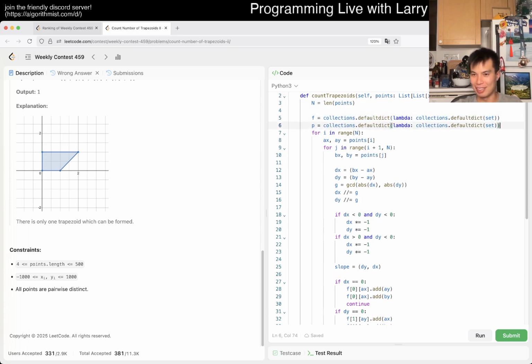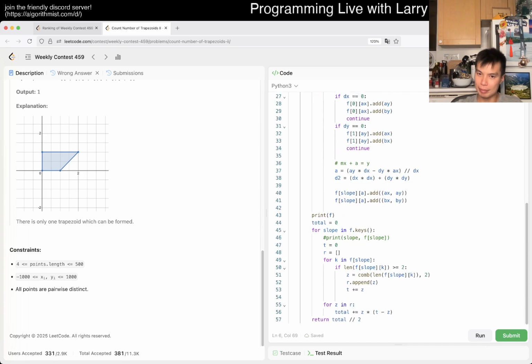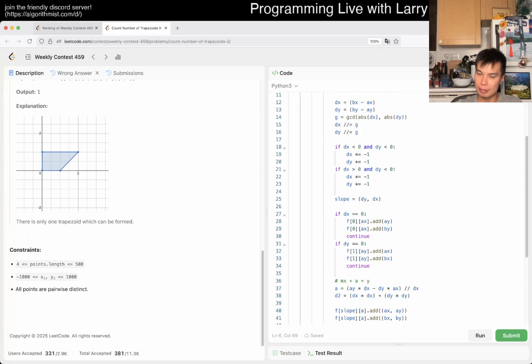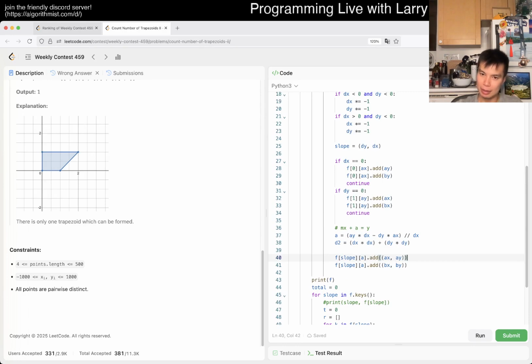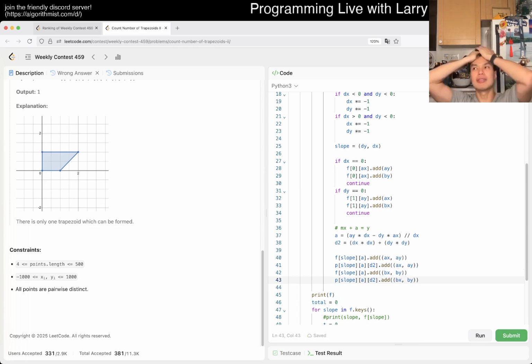Is it still set? Maybe. What do I want to write? I mean, this is just to keep track for uniqueness. So then now we want same-ish thing maybe. Does that even make sense? No.